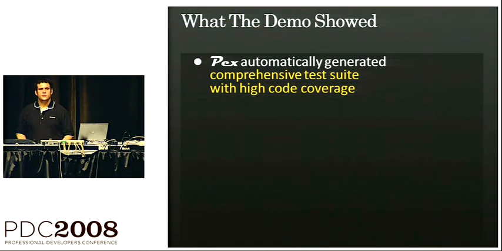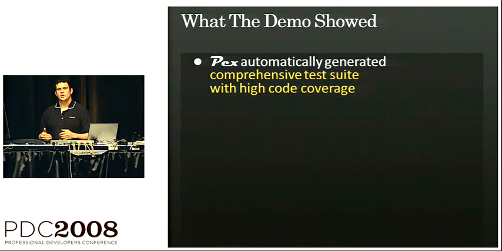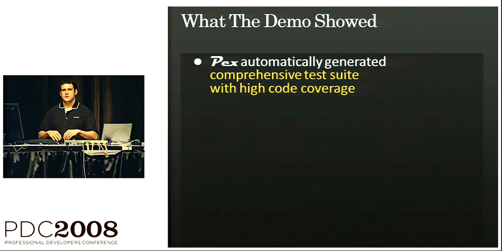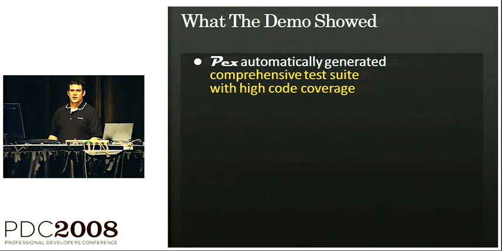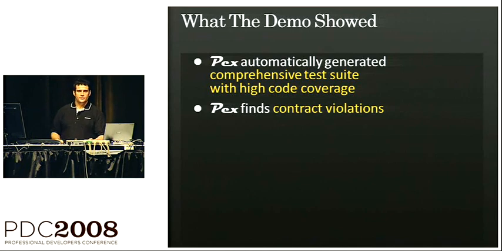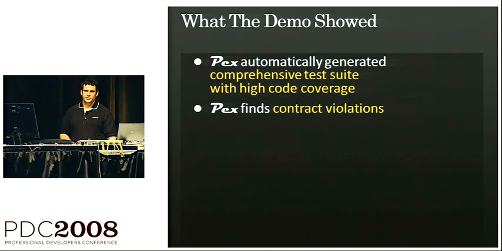So what you've just seen is that by just pressing some buttons, I can actually get a pretty comprehensive test suite. Not just individual tests, but an entire test suite. And it achieves very high code coverage. Here it didn't get better, 100%. And so PEX also tries to find errors in your program. It doesn't just give high coverage, but it finds different kinds of errors.